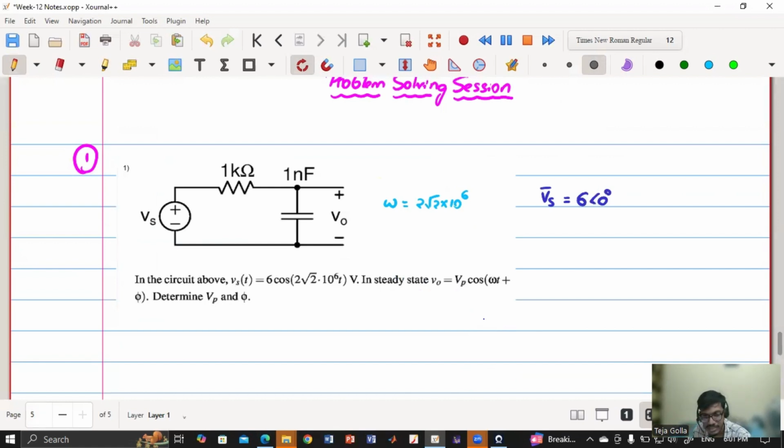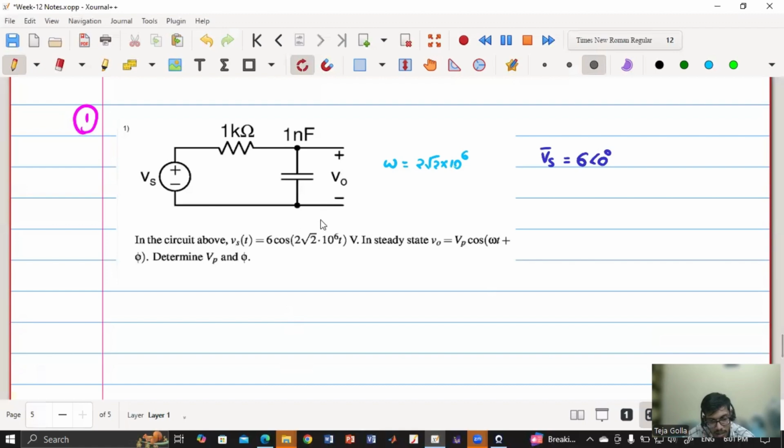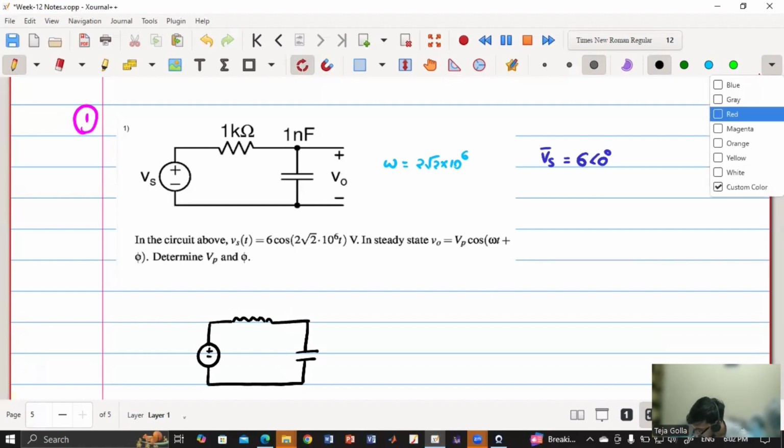So Vs is there. So what they're asking is the voltage across the capacitor. So first let us redraw the circuit in terms of the modified impedance and phasor. So this is 6 angle 0.